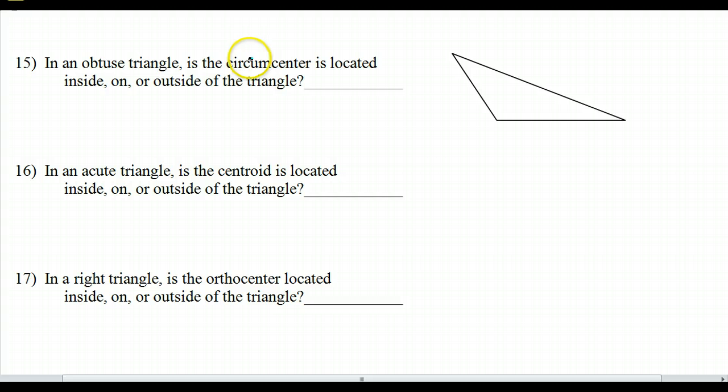The circumcenter, when you see the word circumcenter, if you have mastered your vocabulary with the flashcards like you're supposed to, then what are the lines that intersect to form the circumcenter?